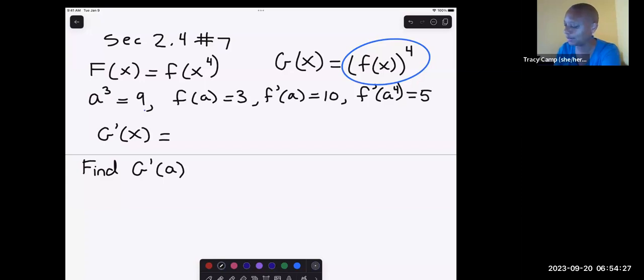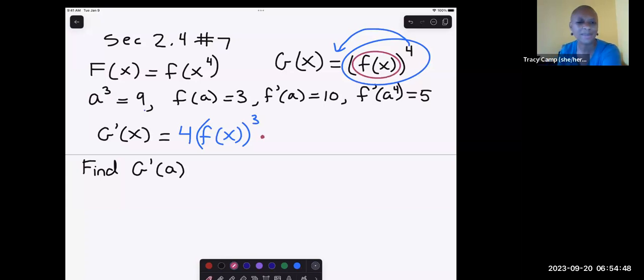Using my power rule, the power drops down to the front, so I get 4 times f of x, quantity cubed. Then the chain rule says now you need to multiply by the derivative of whatever it was that was being raised to a power other than just the x.